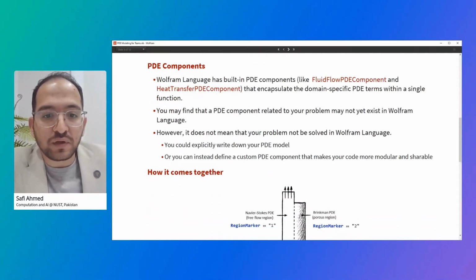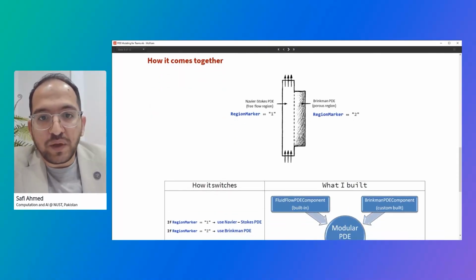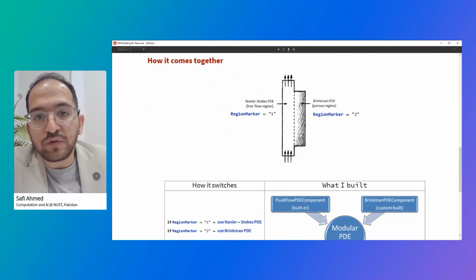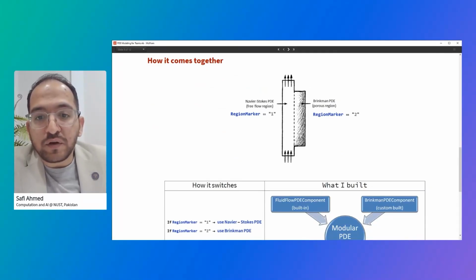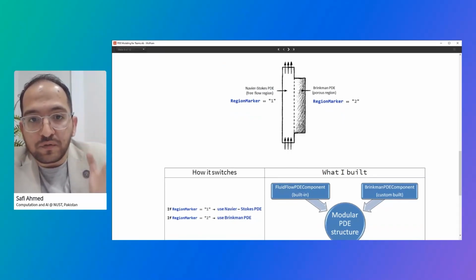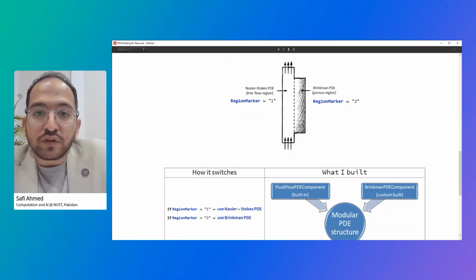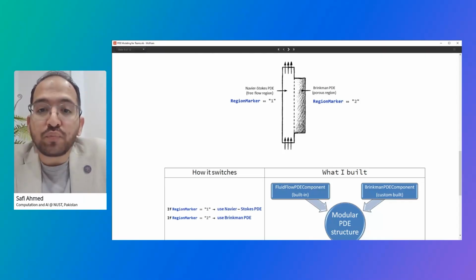So the way it comes together is just the way I explained. You have the region marker in different regions of your geometry, and you can implement the various different PDE components. In my geometry, for the free flow region, I have the built-in fluid flow PDE component.